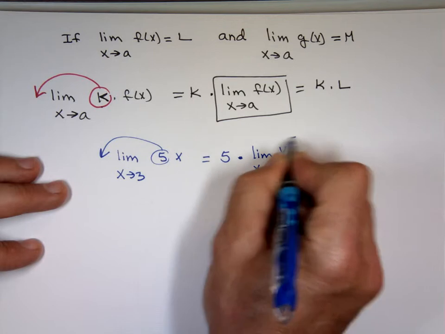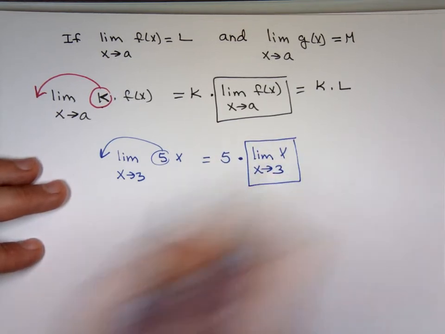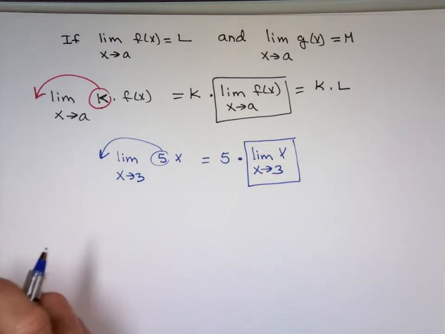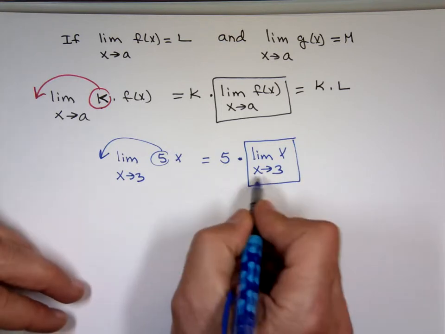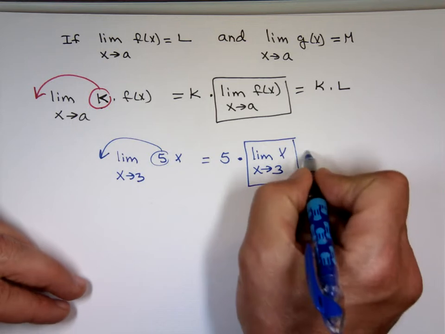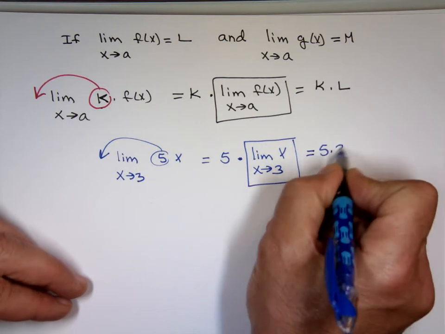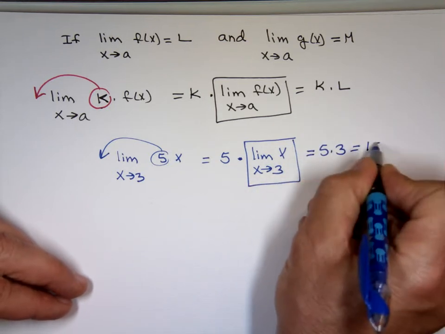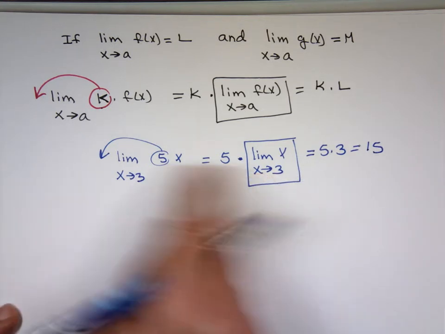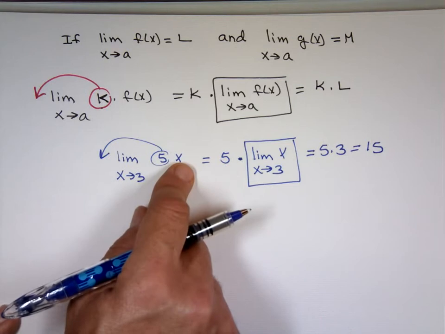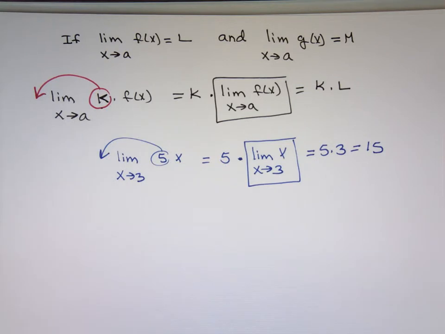And what is the answer to this? Isn't that a 3? The limit of x as x approaches 3? So 5 times 3, the answer is what? 15. Nobody in their right mind is going to break it down like this. We're just going to go direct substitution. 5 times 3 is 15. I want to show you these rules are there.